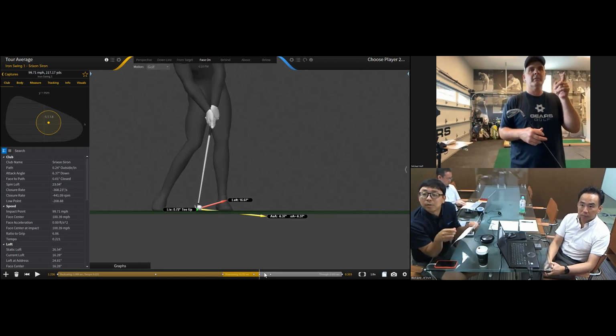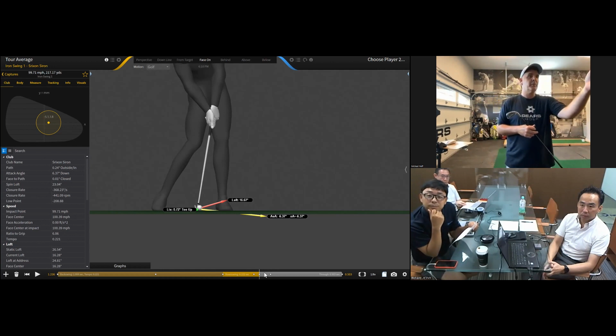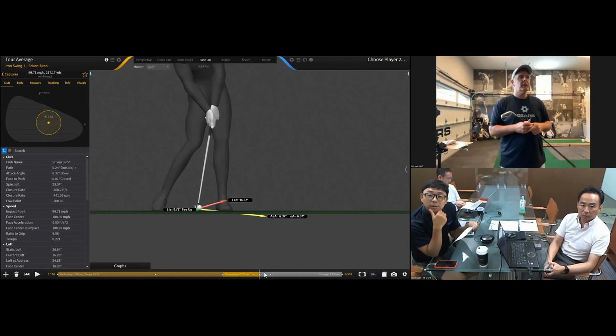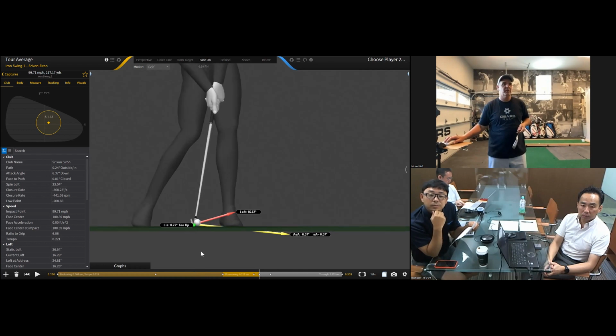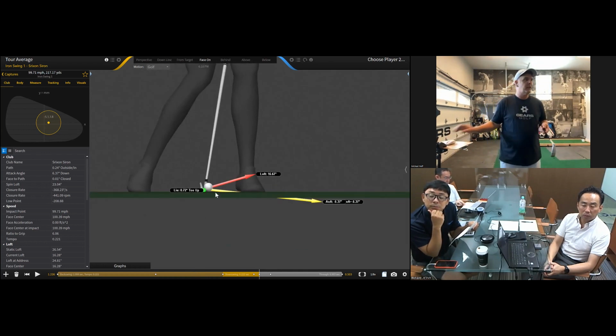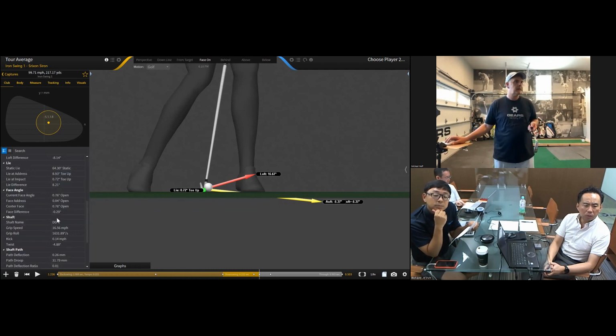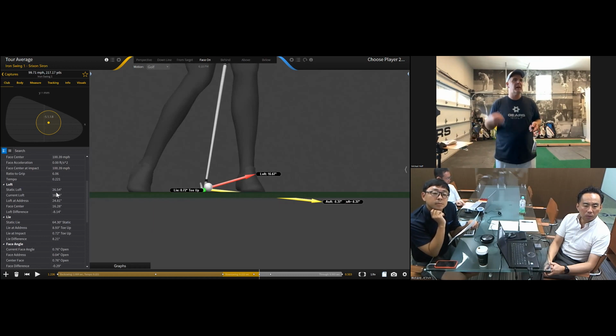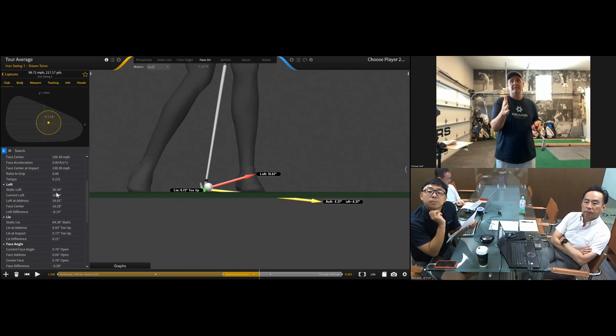I thought of something. You could look at this, for example, at impact. It's 16 degrees of loft, right? That's how much. So the club itself has 26.5 degrees of loft. That's how much the club itself has.